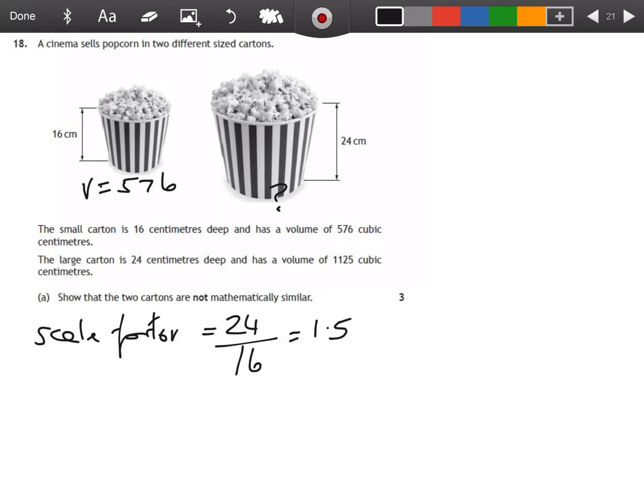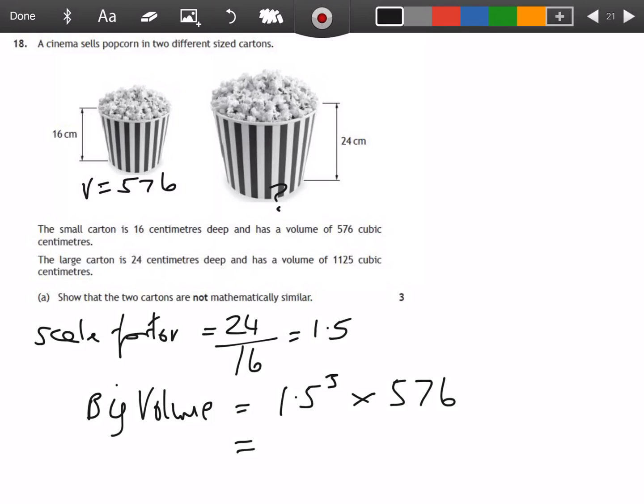Now if you're working out the big volume, remember what you do when you're doing a volume scale factor, you take the scale factor and you cube it, and then times it by the wee volume. If it was an area you were working out, you'd take the scale factor and you square it.